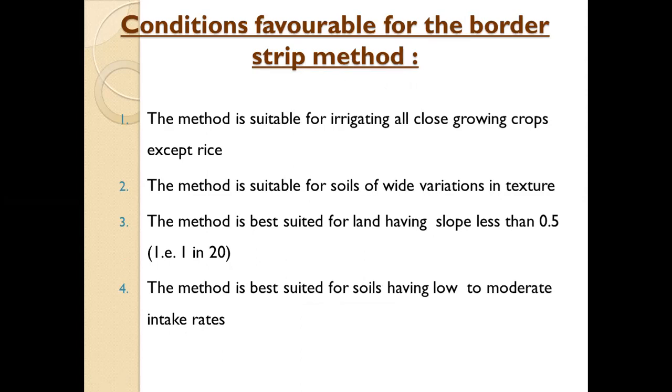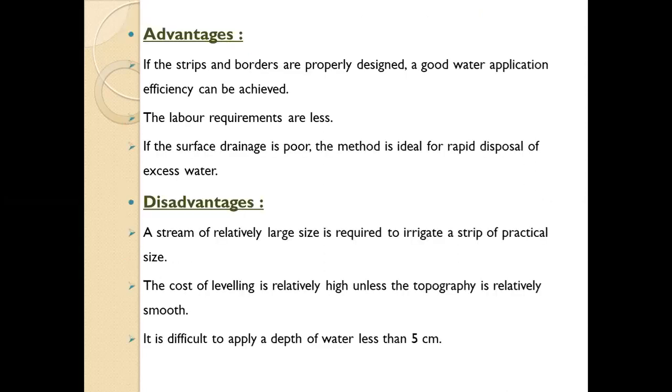So there are four conditions in favor of the border strip method: it is useful for all close growing crops except rice; soils of wide variation in texture are suitable; land having slope less than 0.5 percent; and low to moderate intake rates. So what are the advantages and disadvantages?